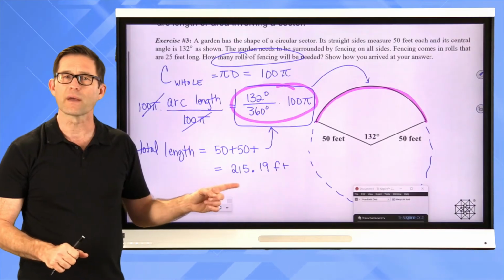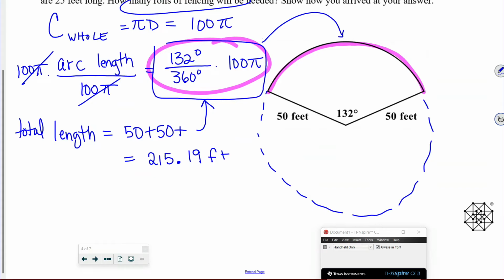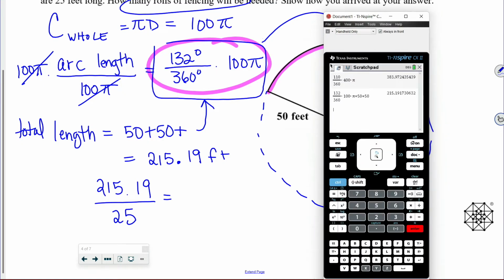Now, obviously, what I can do is take that total length, 215.19, and divide it by 25 feet per roll. So I'm going to just divide this by 25. Whoops, 25. I still can't seem to get that 2 in there.